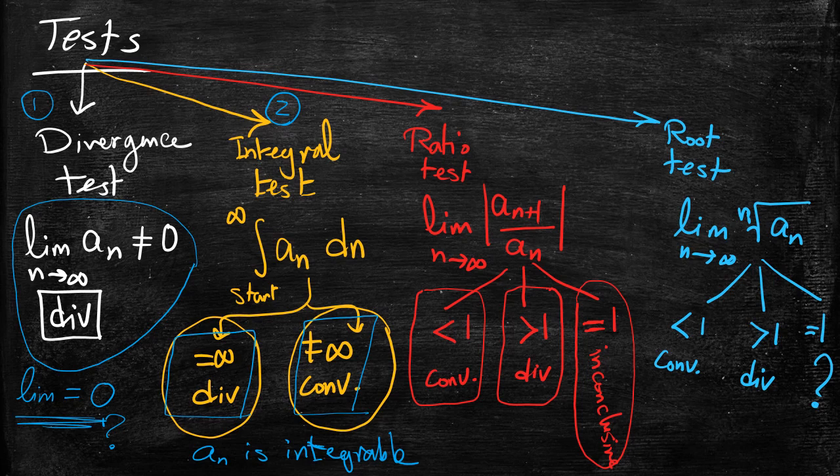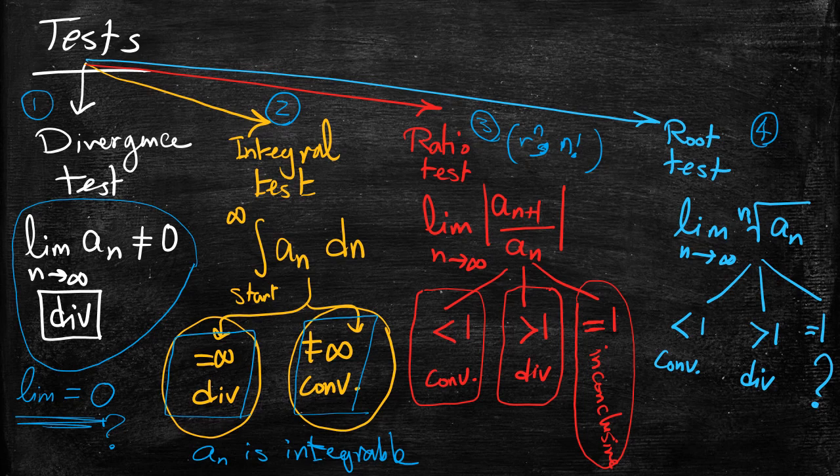The third and the fourth tests, which are the ratio test and the root test, can be used in some specific cases. For example, for the ratio test, if we have a number r to the power n, plus some factorials, so we have factorials and a number to the power n, in this case we can use the ratio test.